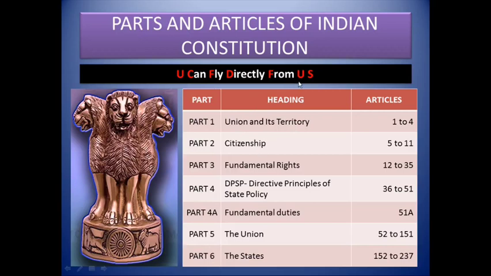Second U is the Union. S is for states. So just this sentence you can write orderly, Part 1 to Part 6, and remember that there is a subdivision for Part 4, that is Part 4A, which is an important topic, fundamental duties.